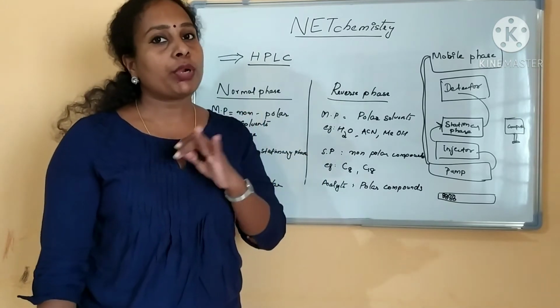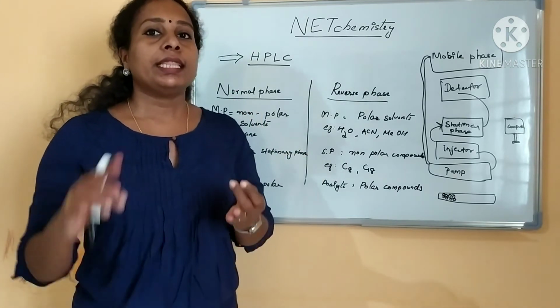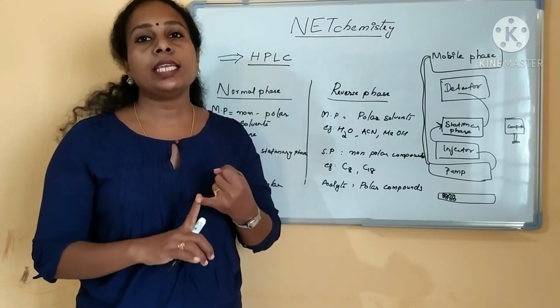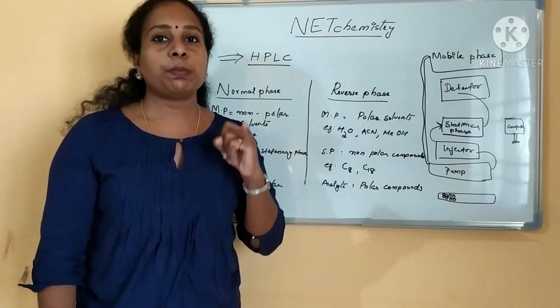Okay, those are the two types of chromatographic techniques in HPLC. Then coming to the detectors. Next part is detectors. What are all the detectors we use in an HPLC instrument?